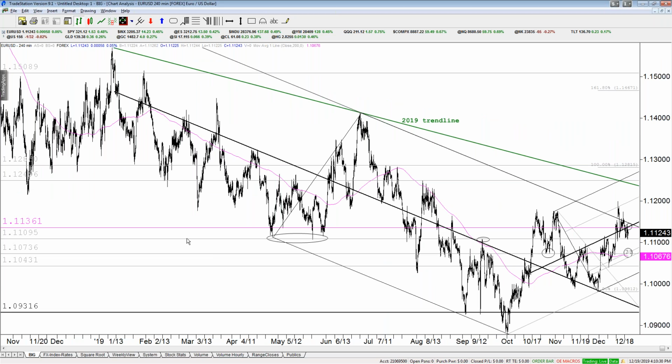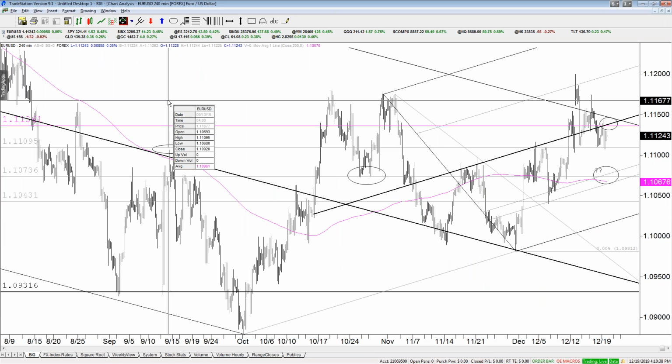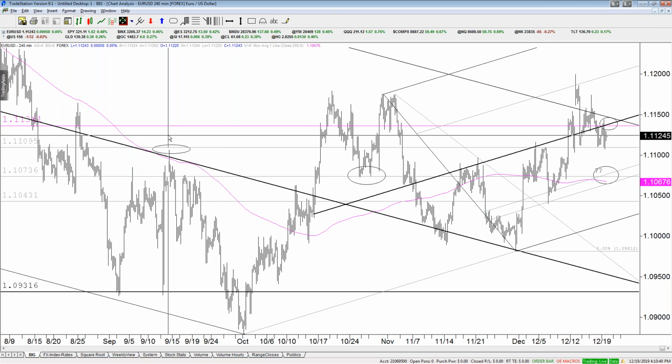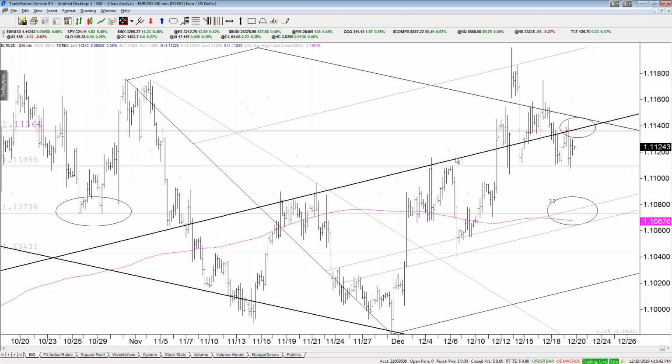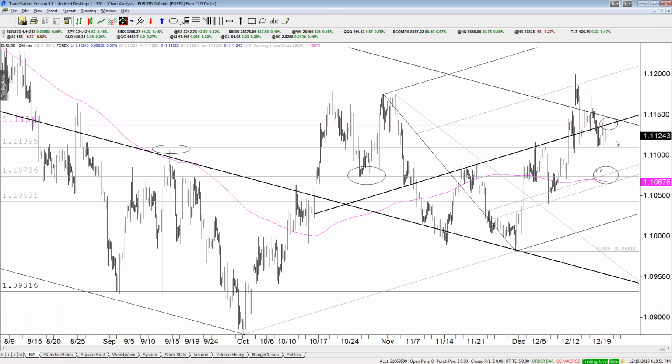The 111.10 area, you can see that area was important back in the spring, right? And it was important back in September. We made a high up there, and it's been kind of important here in December. So, you get back through this, call it maybe 1150, maybe it's worth chasing.